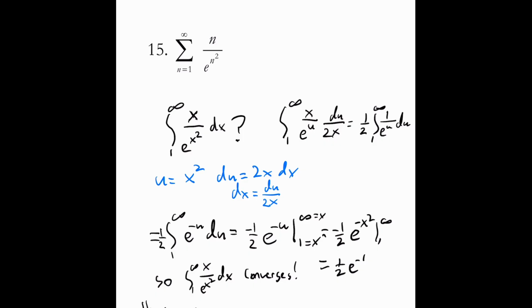Thus, the series does as well. And again, technically speaking, do all the checks involved with the integral test, but we're kind of skipping that for right now to save some sanity. So this converges by the integral test.